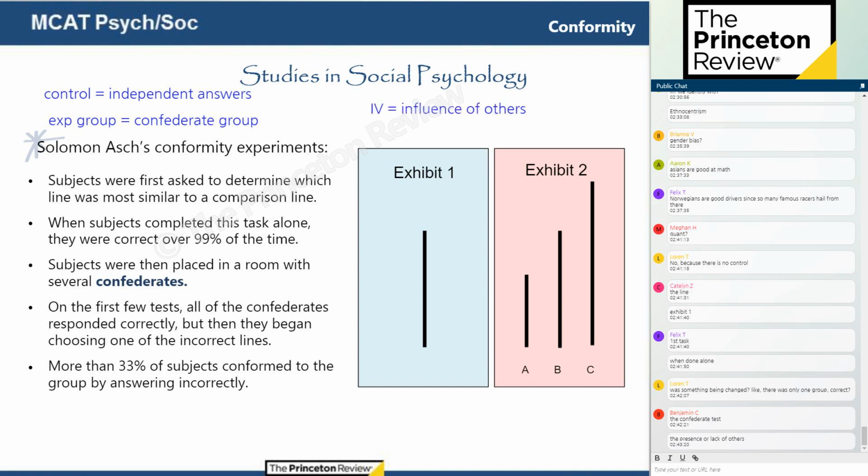Yeah, the independent variable is the influence of the other people, how they answered.